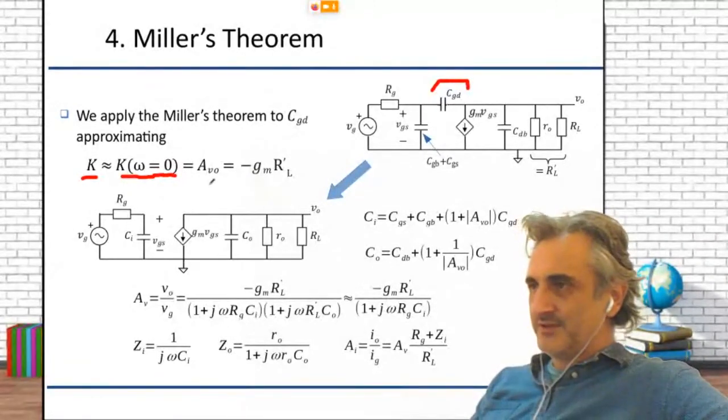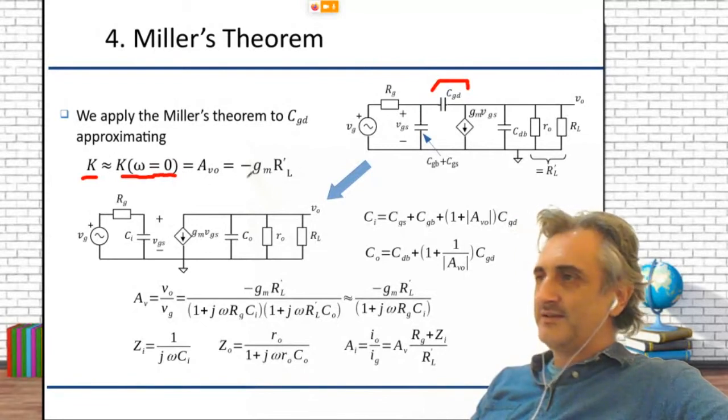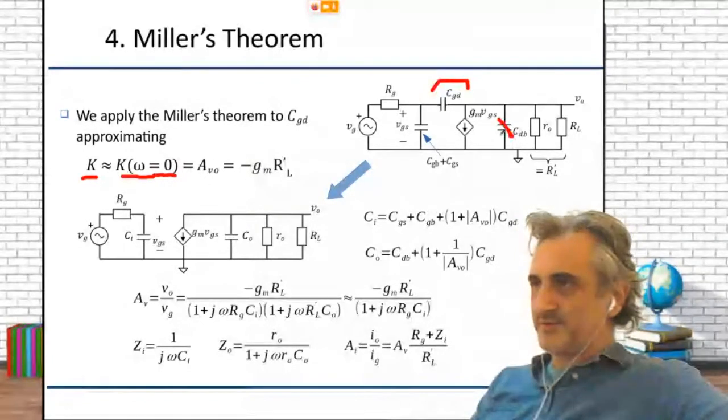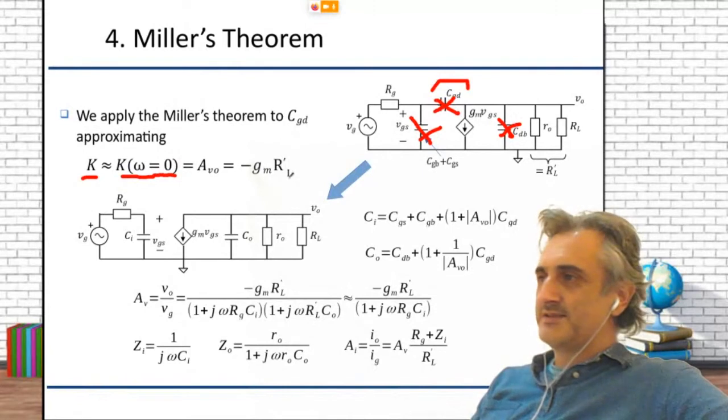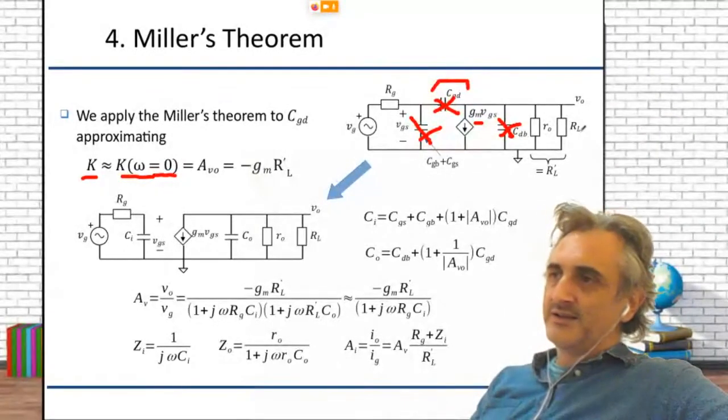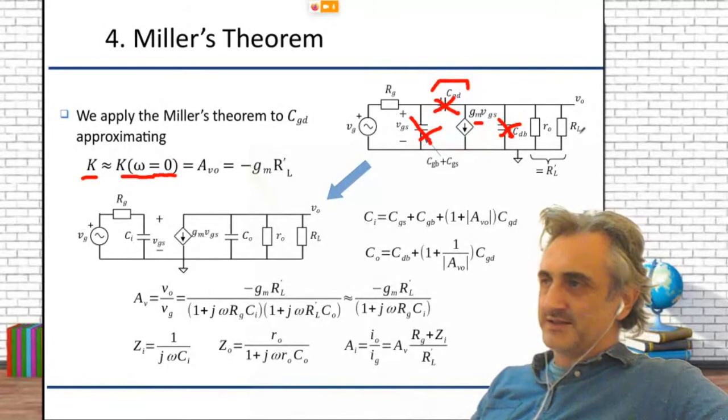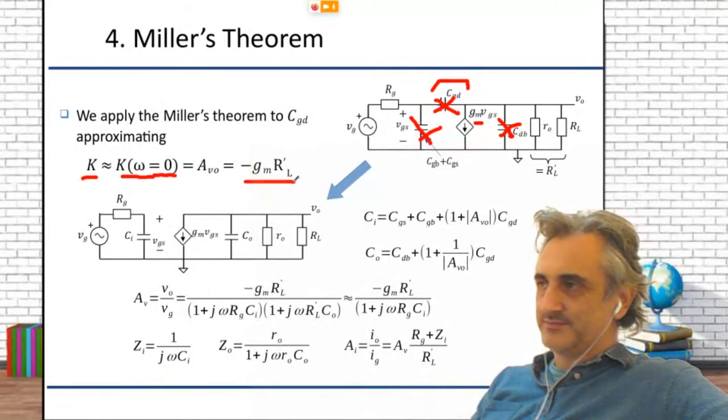So the gain, as you know, is obtained by removing the capacitors for low frequency, and it is simply the transconductance multiplied by the parallel of the output resistance and the load resistance, which is this one.